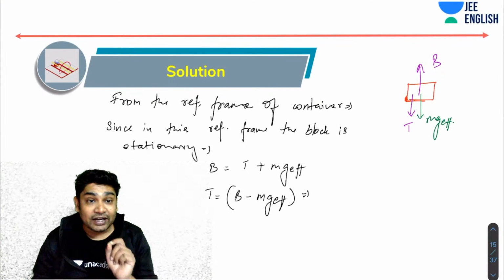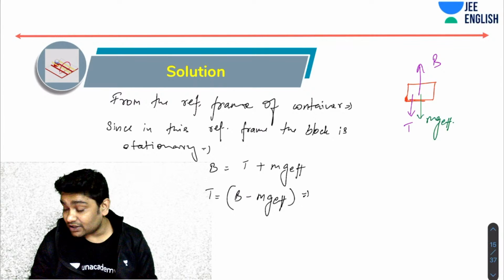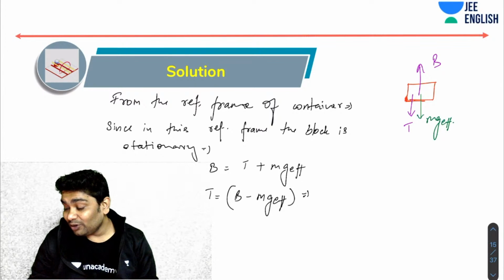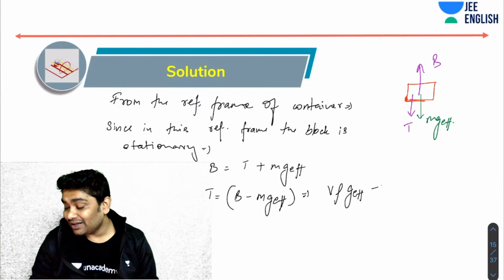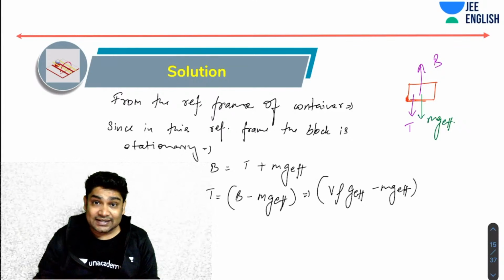Buoyant force would be the weight of the liquid displaced. Now weight of the liquid displaced is volume of the liquid displaced times rho of the liquid times g effective, minus m g effective, correct? Now what is the volume?